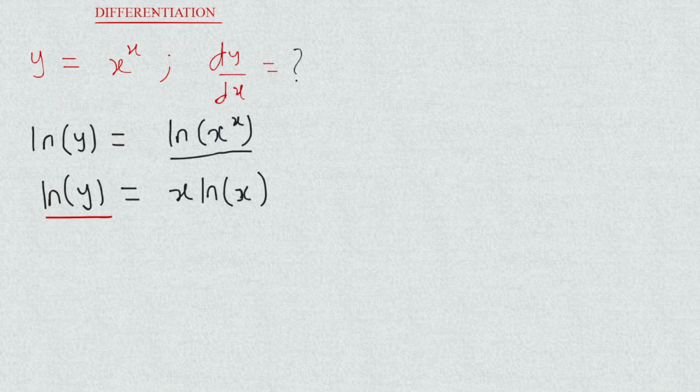Differentiating with respect to x, the derivative becomes 1 over y dy/dx, which is equal to the right hand side.